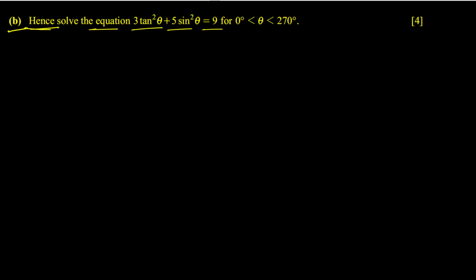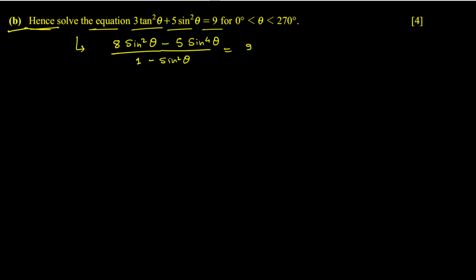So this whole equation becomes 8 sine squared theta minus 5 sine power 4 theta over 1 minus sine squared theta equals 9. Now we need to find the value of theta.